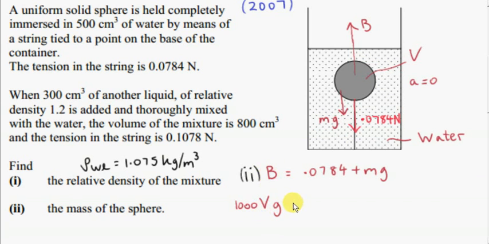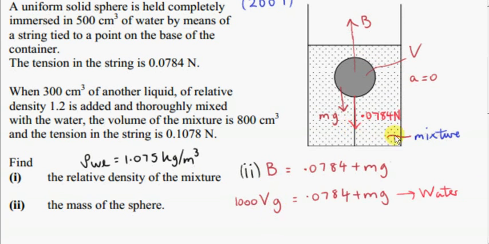So that's Archimedes Principle. Now let's consider the situation where we have the mixture of water and this new liquid. We know that the tension in the string increases to 0.1078 newtons. The weight never changes, it's still mg. But since the tension is increased, for equilibrium, it must be the case that the buoyancy increases.